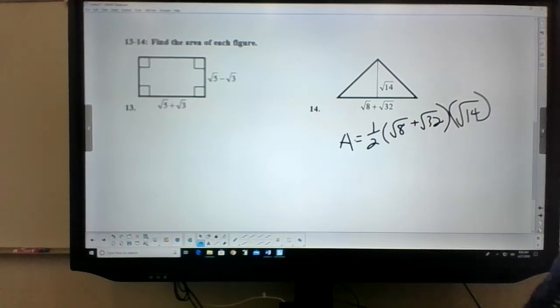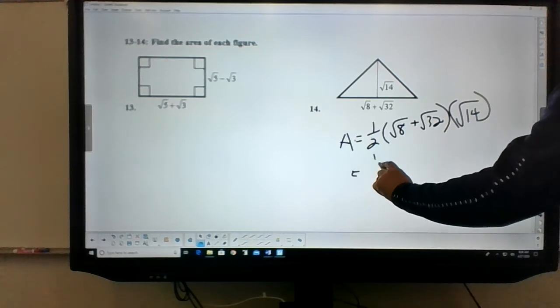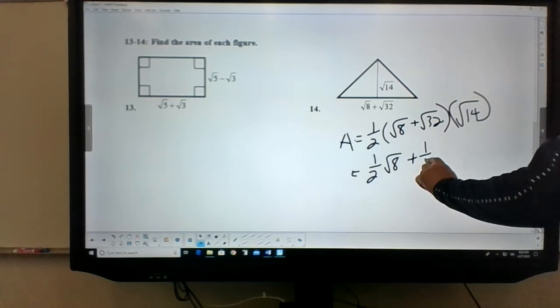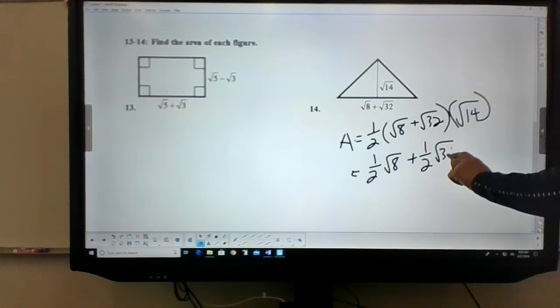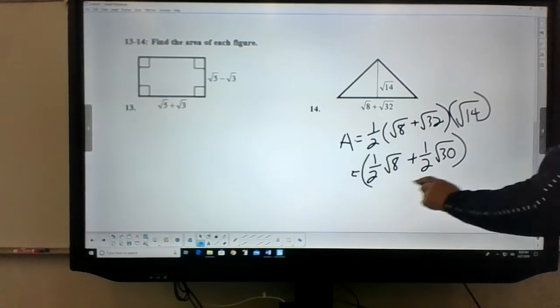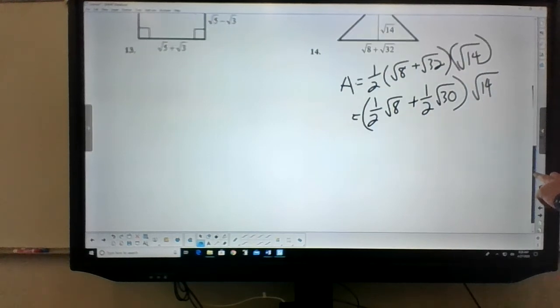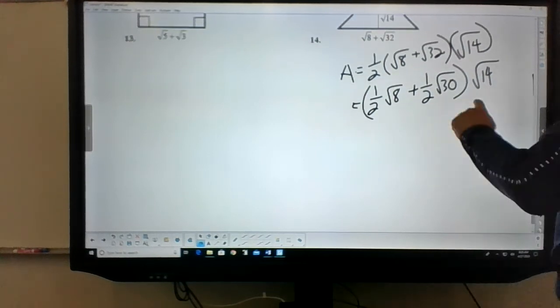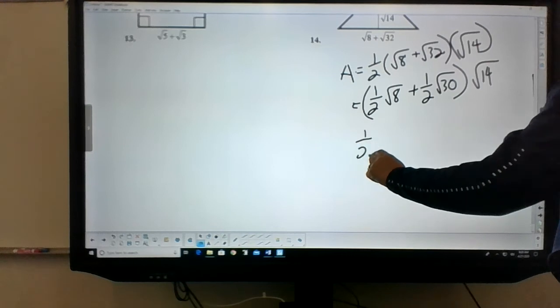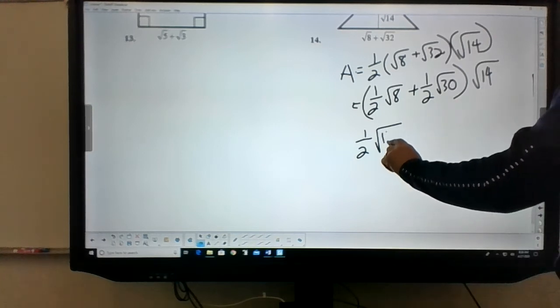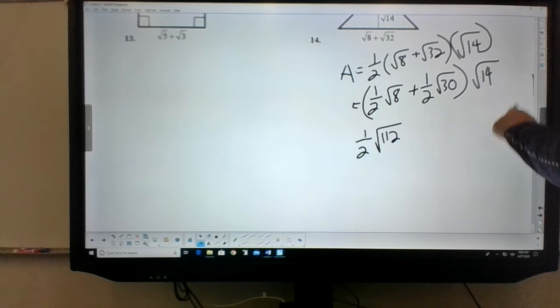Okay. So let's multiply this out. So I'm going to go 1/2 radical 8 plus 1/2 radical 32. And we still have to multiply that by radical 14. Okay, so let's go 1/2 times radical 8 times 14, which is 112.